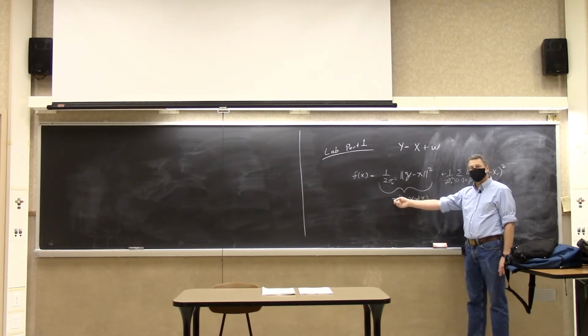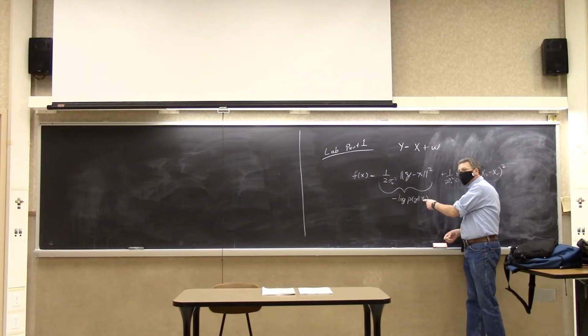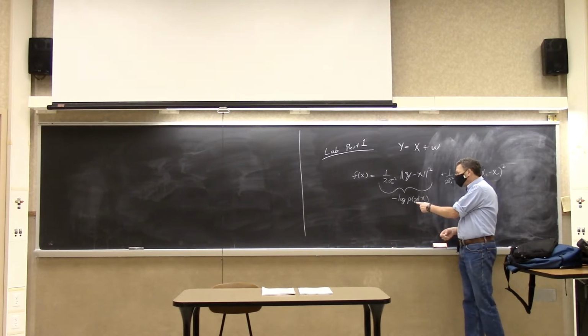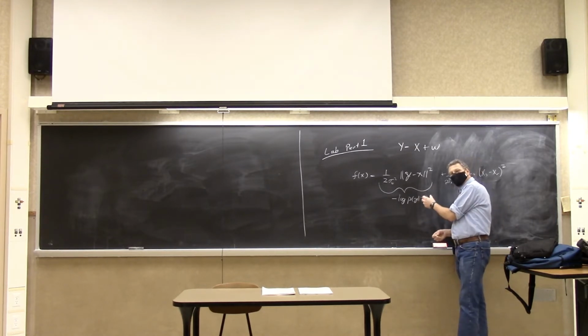So you have to have a negative sign, right? So we want an x which makes the y likely, okay? We use the word likely when we talk about this function as a function of x, and we use the word probable when we call it as a function of y. It's sort of a subtle distinction. The function of x is the likelihood. The function of y is the probability.